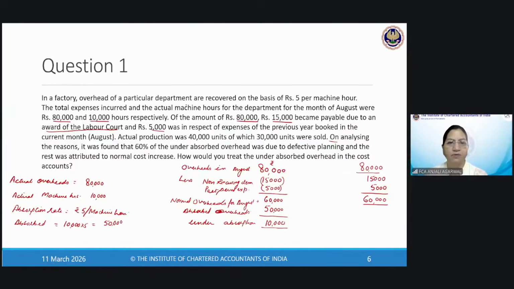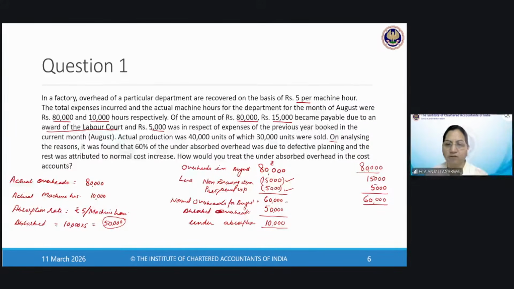So in a factory, overheads were recovered on the basis of 5 per machine hour. Expenses incurred was 80,000 in 10,000 hours. So we see that 50,000 overheads are absorbed. Out of 80,000, 15,000 because of labor award and 5,000 because of past period. So we will deduct that.